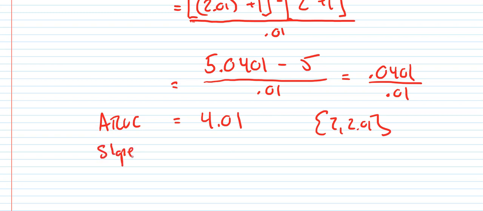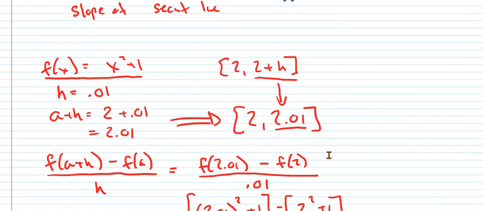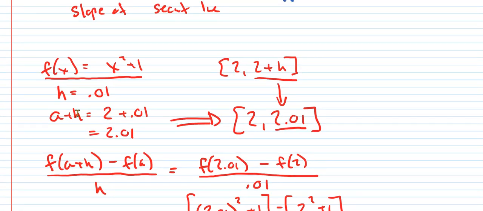over this same interval. Now, the nice thing about the difference quotient is what happens now if we just want to change h. Instead of h being equal to 0.01, let's let h be something even smaller.